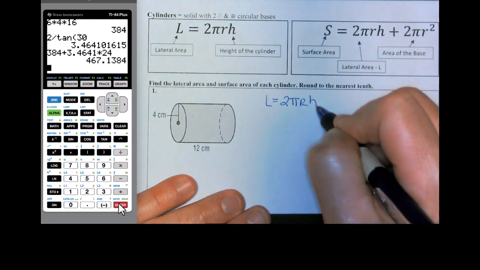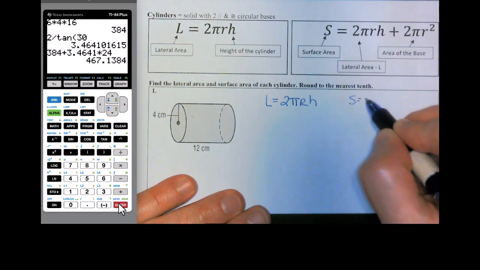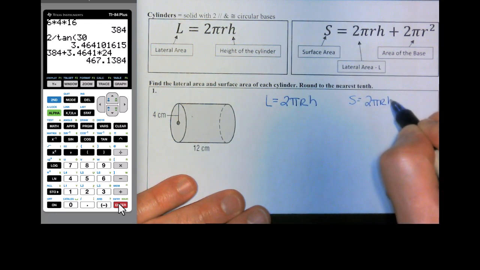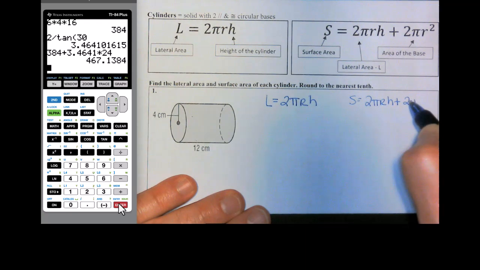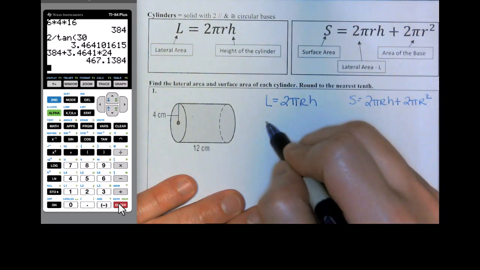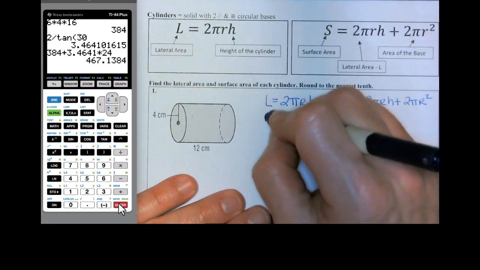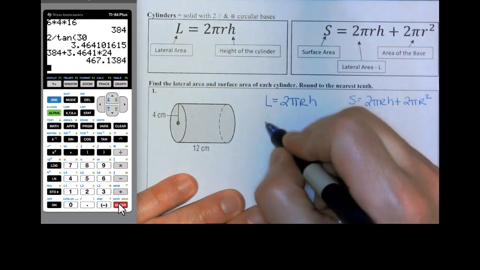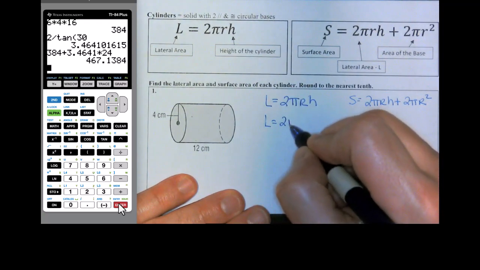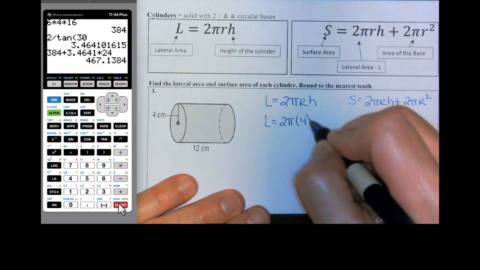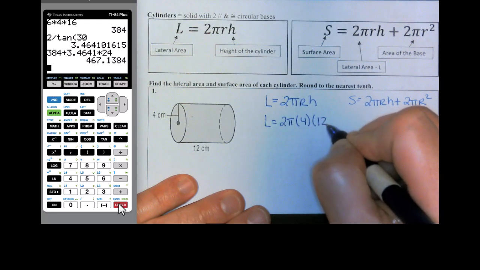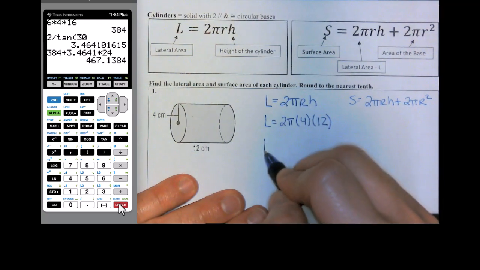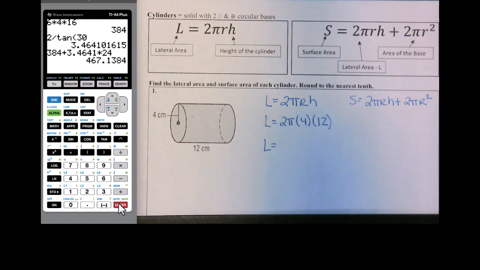So again, we start off with the formulas, and then we plug in the information as we see it in the drawing. So 2 pi, the radius is 4, the height of the cylinder is 12. We go and plug it into the calculator.